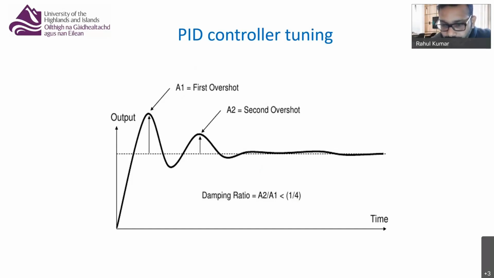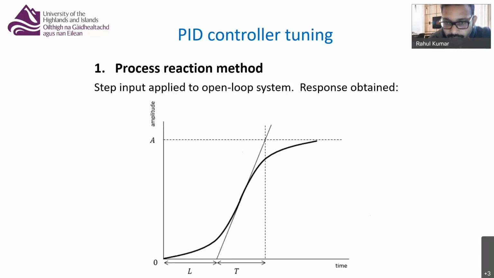Now let's talk about the first method, which is for the open loop system, called the process reaction method. Okay, so in this method what we do is we provide a step input to the open loop system. So we have a control system, we have connected the PID.